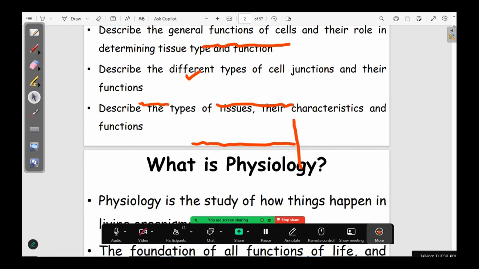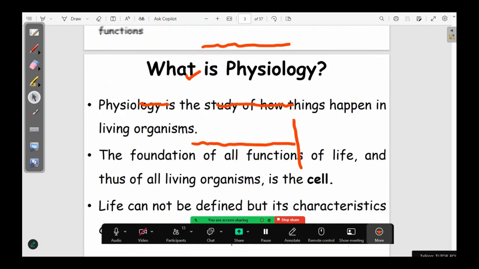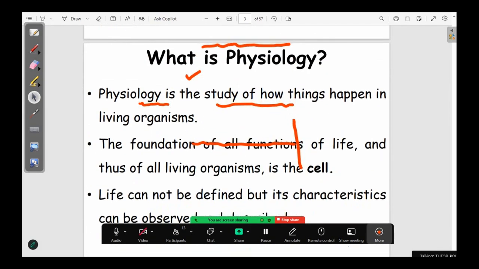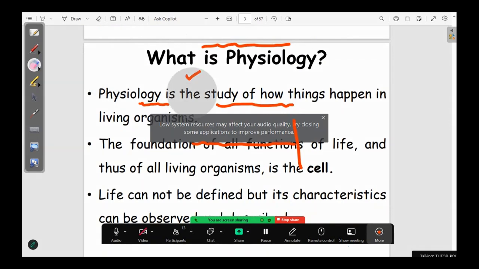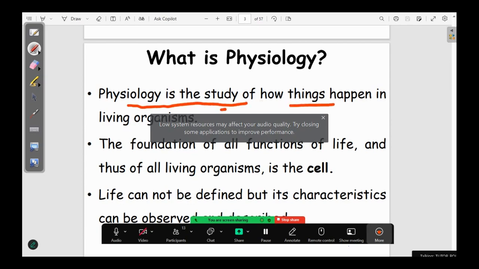The first one there is what is physiology, the one that you can see on your board. We have the definition there that I've put. Physiology is the study of how things happen, or how things take place in a living organism.